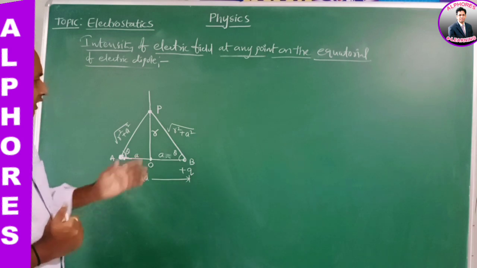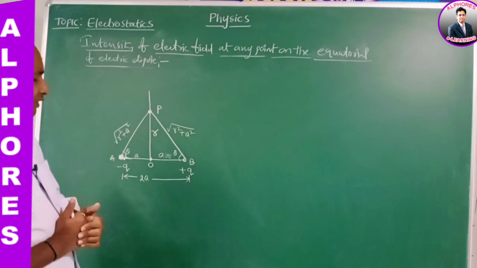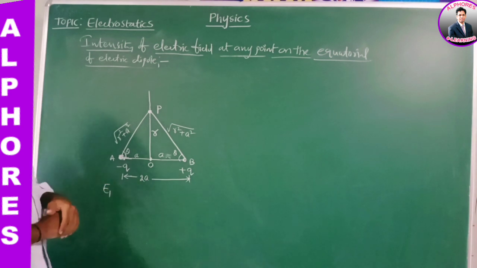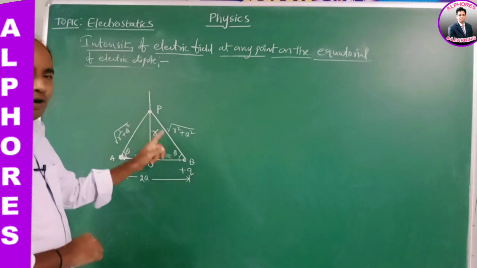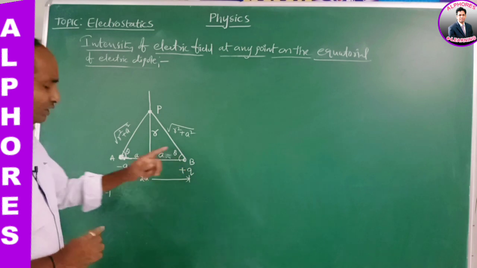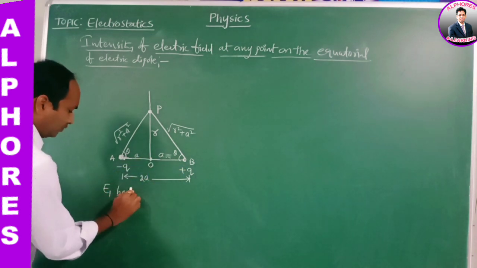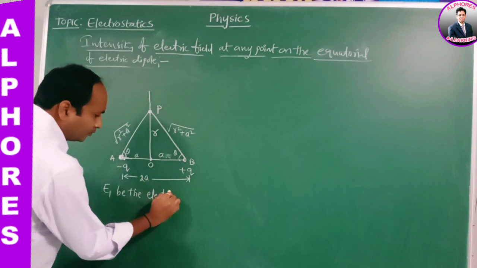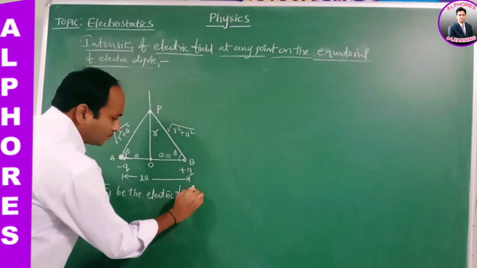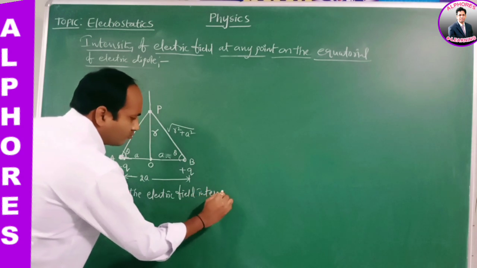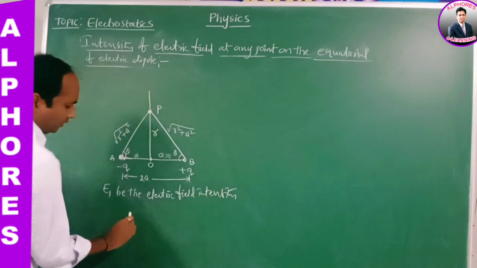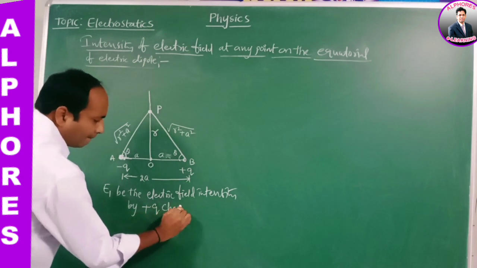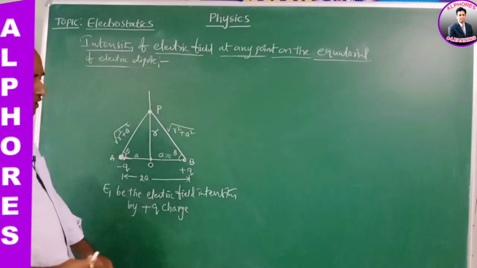Now again calculate the intensity of electric field. Here E1 be the electric field intensity at the point P by the charge plus Q. So what is the value?